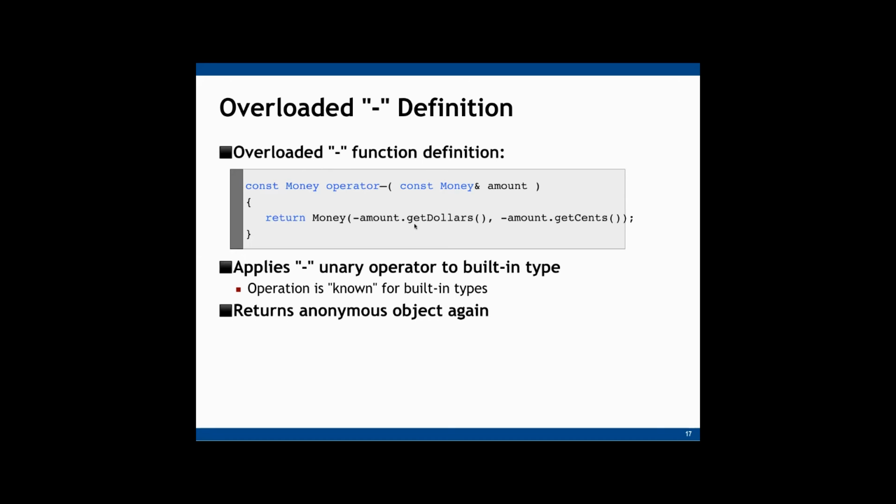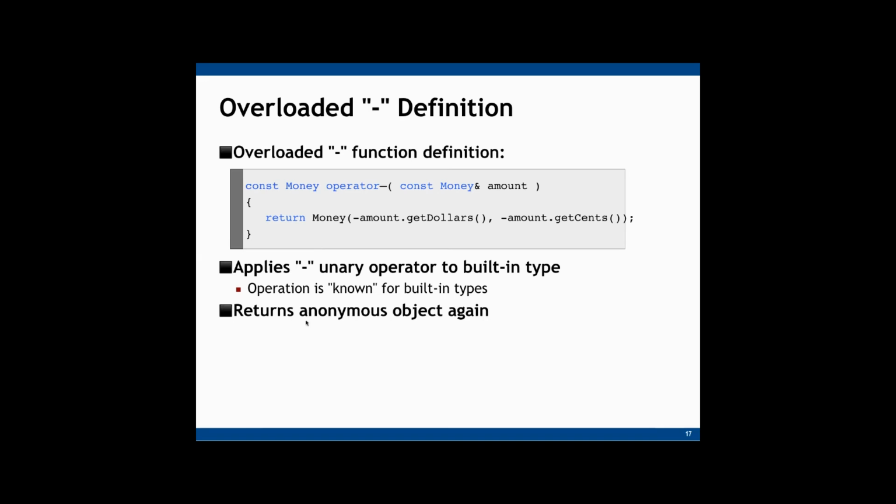So it uses accessor functions, like here it uses the get dollars and get cents functions to obtain the value of dollars and the cents, and it changes the values to negative by putting this minus symbol here, and using these new values to create the new objects by calling the constructor of the money class and returns that new object.